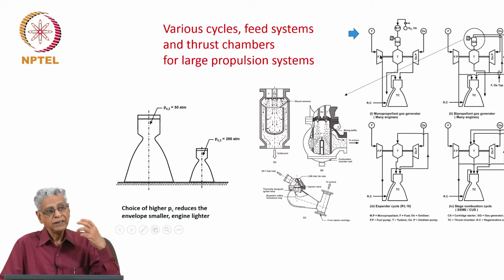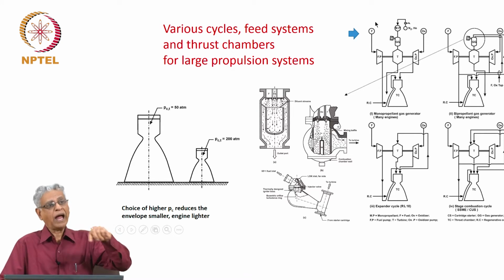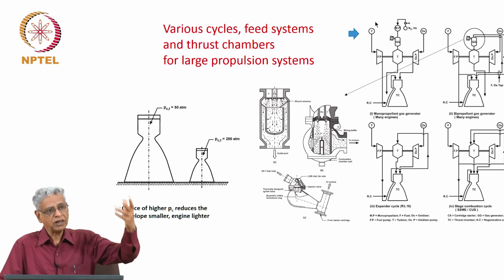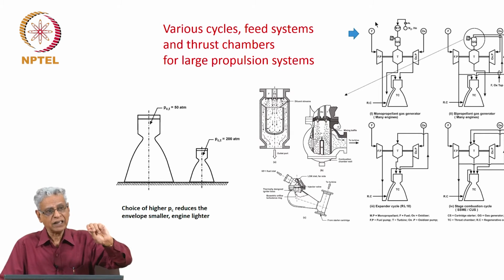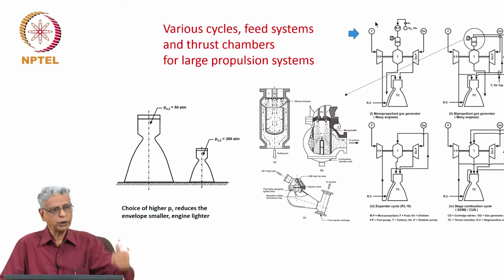Because these pumps operate at high speed, there will be problems of cavitation in the pumps. To prevent cavitation, you must supply them at some pressure. So, you have to have a pressurant at whatever pressure, maybe 300, 400 atmosphere, allowed through a regulated process pressure into the tanks of the fuel and oxidizer at a couple of atmospheres, 5 to 6 atmospheres.